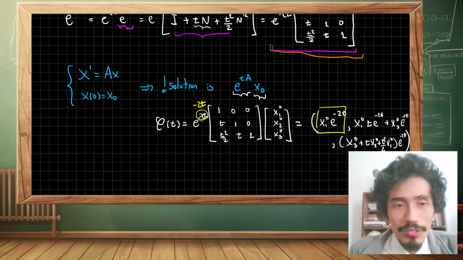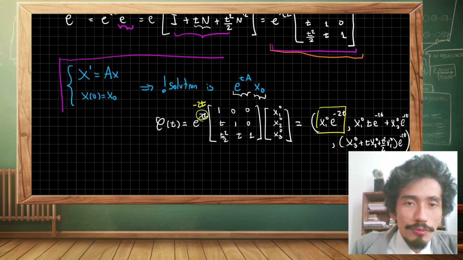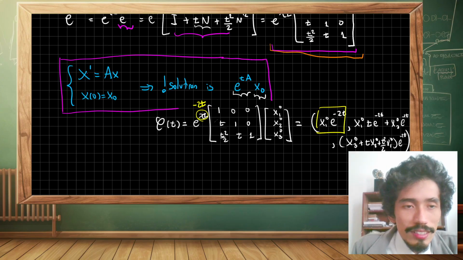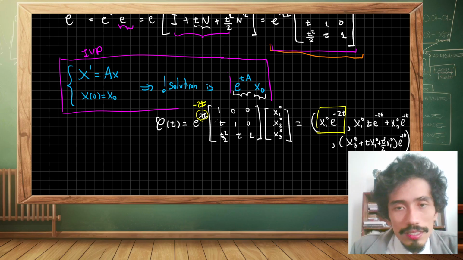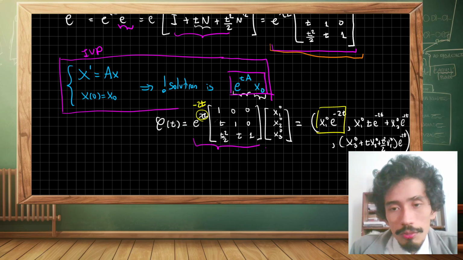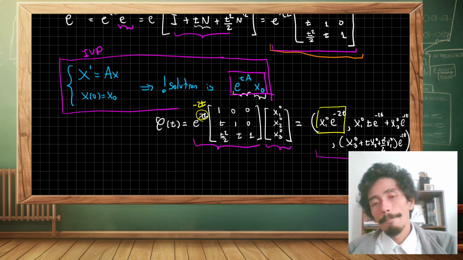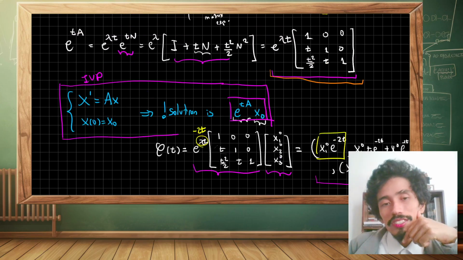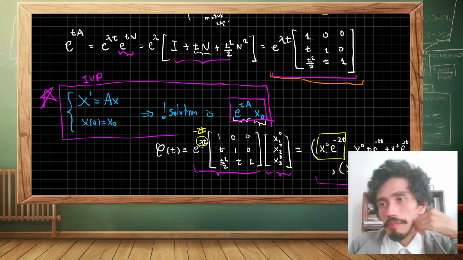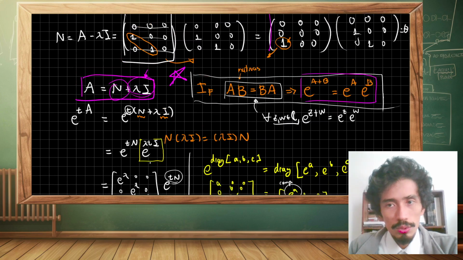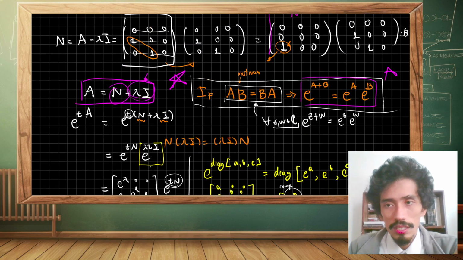And lastly, we used the main theorem of linear differential equations, which was that the solution of this initial value problem is unique, and it has this form. So we replace it here and we multiply by the initial condition, and we have the solution here. So this is the last property. So in summary, we use 1, 2, 3, this other property, 3 properties.